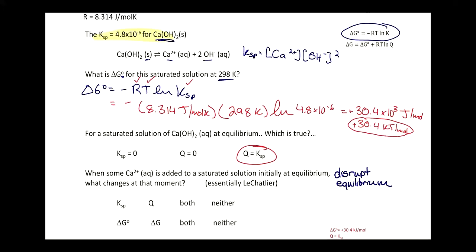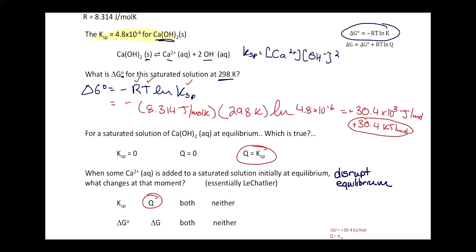So let's say we added calcium 2+ to this saturated solution. We know that adding calcium 2+ pushes the reaction backwards because of Le Chatelier's principle. And the reason is because Q changes the moment we add calcium 2+. Q changes the moment we disrupt this equilibrium with a concentration change.